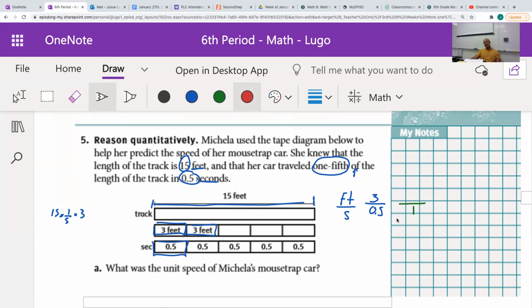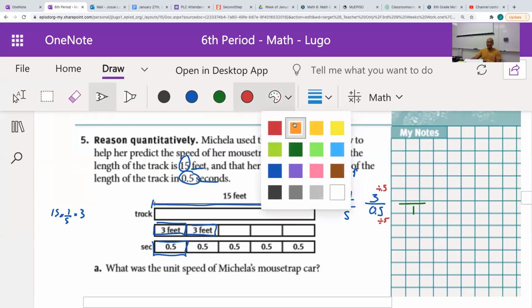Now, there are 2 ways of doing this. We can always divide 0.5 by itself to get 1, because 0.5 divided by 0.5 is equal to 1, and I must do the same thing to the numerator: 3 divided by 0.5.